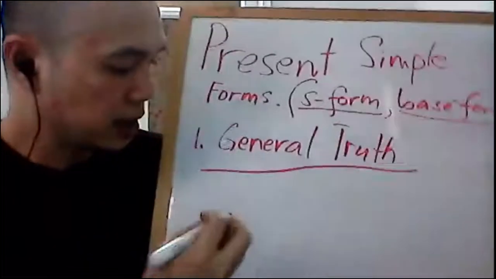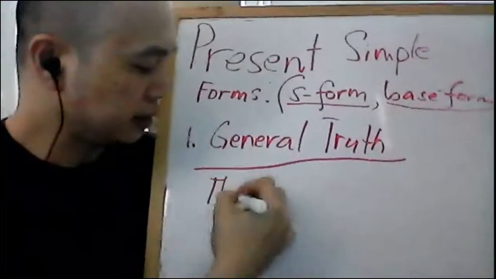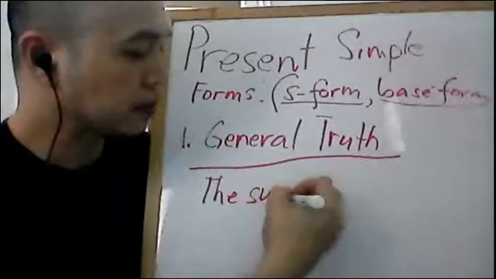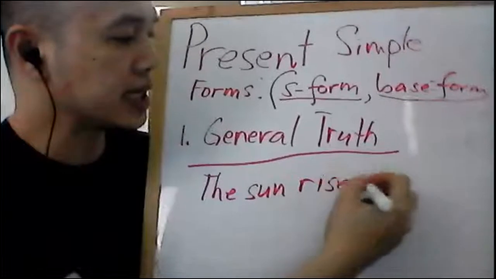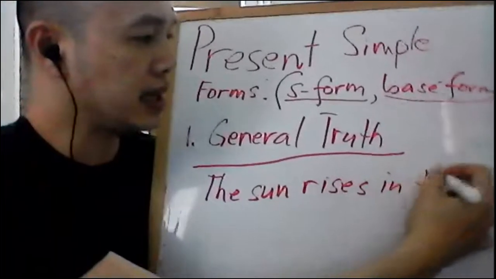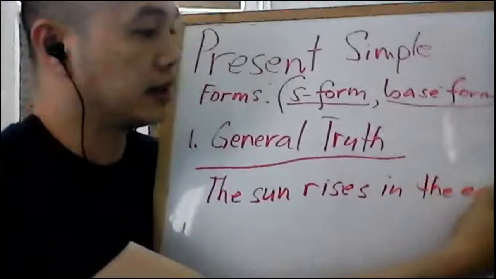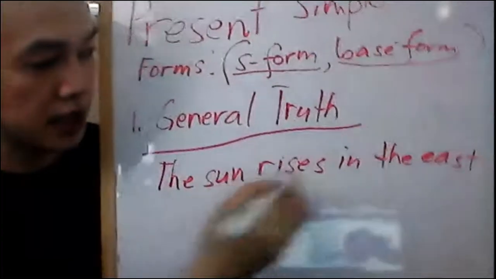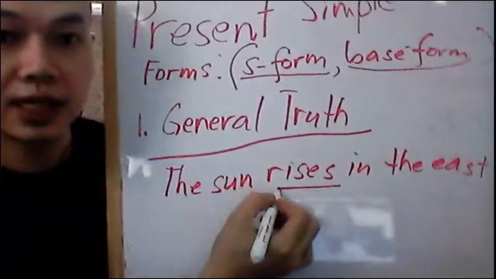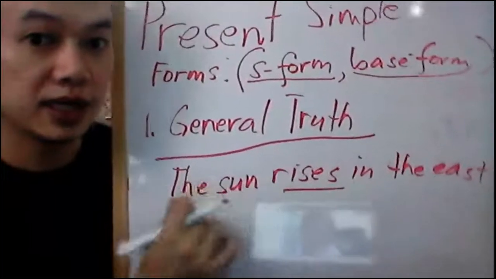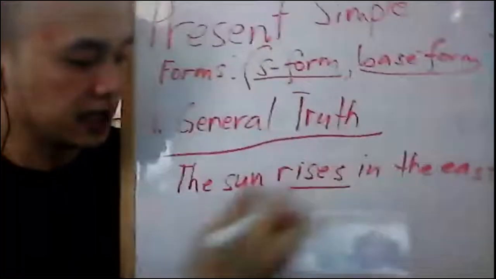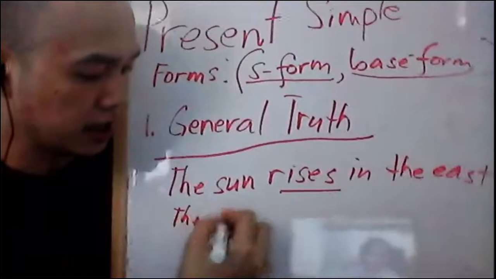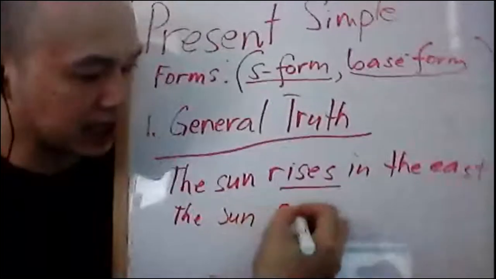For example, you say the sun rises in the east. It is a general truth. The sun, singular subject, so rises with the S form of the verb, okay? The sun rises in the east. Same as true, the sun sets, okay, with S, in the west.